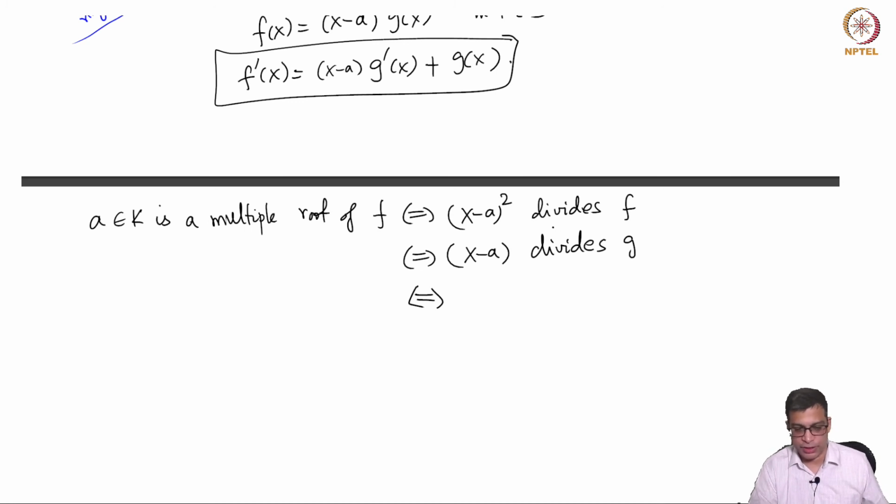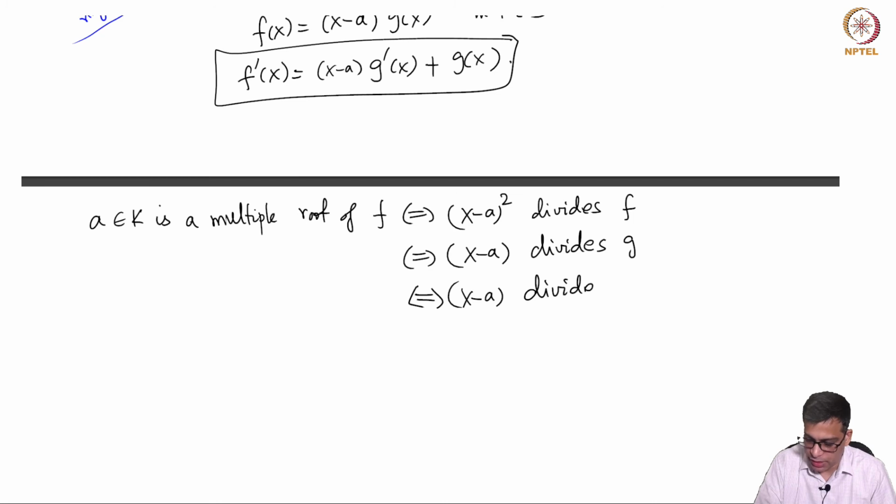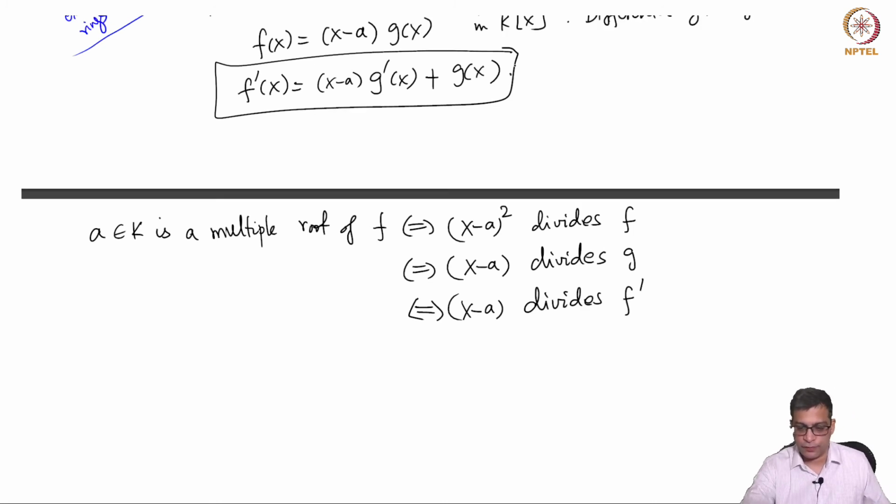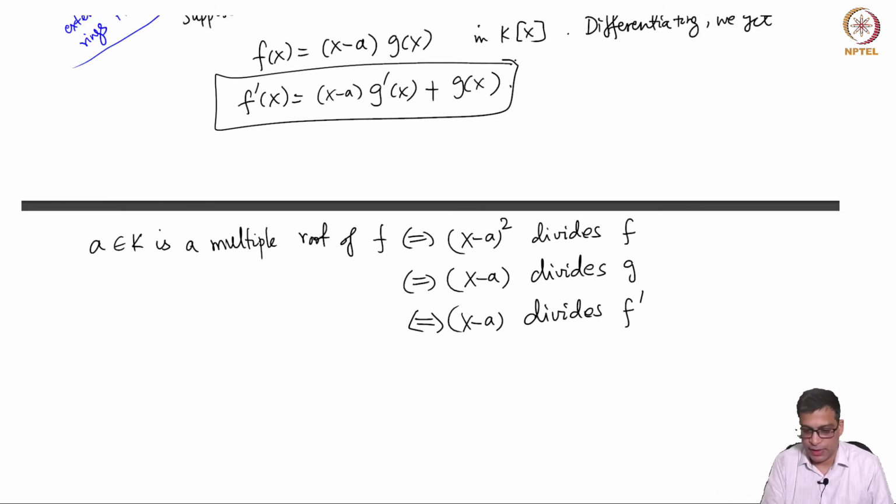These two are just definitions, but the last statement is a consequence of this equation: because x minus a divides g, it divides the right hand side, so it divides f prime. On the other hand, if x minus a divides f prime, then since it also divides the first term, it divides g(x).